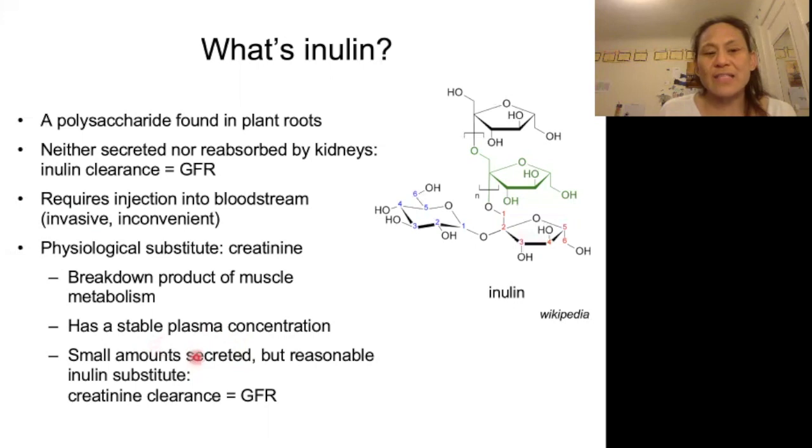It actually does get secreted a small amount, but it's small enough that it can be used to fairly accurately estimate GFR in the body. So creatinine clearance is roughly equal to GFR. This is a lot easier to deal with because you don't have to inject it into the body. It's just a naturally occurring thing. Okay.